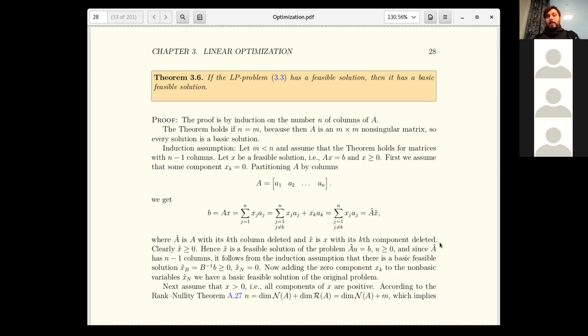So theoretically speaking, we could just try all the possible combinations of these m columns out of n, and see which one of them is the best. The problem is there are just too many of them.